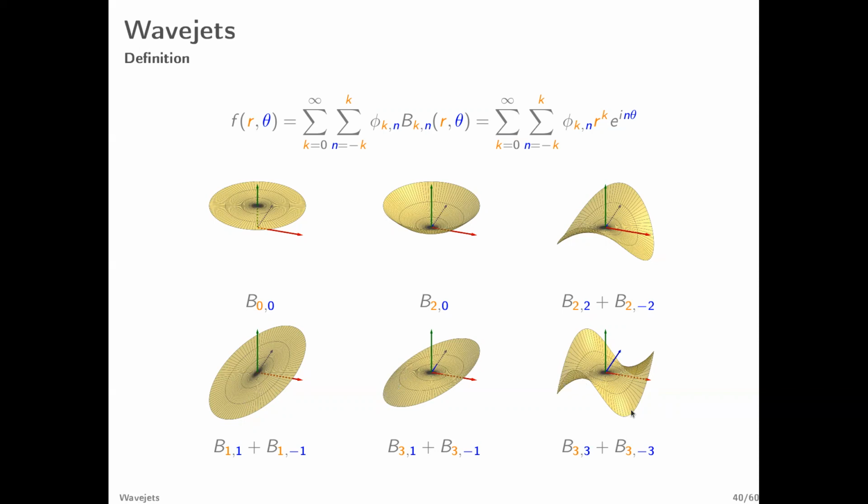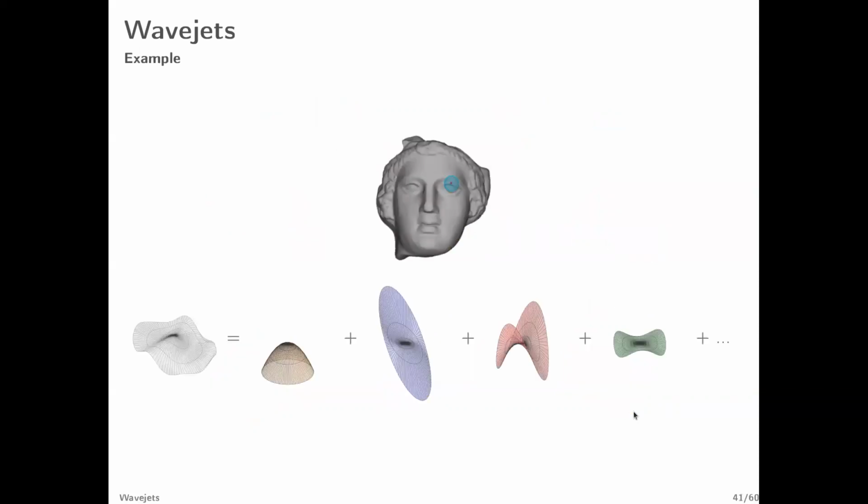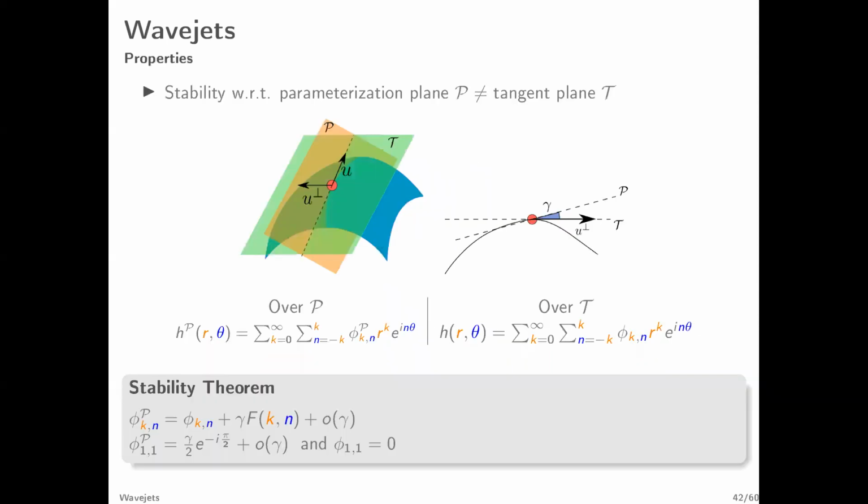These are shapes which are very famous for geometers, and that's something we like because we can relate them to important geometrical features. For example, here you have a point on this shape, and you can decompose it into these basis shapes, and of course they have weights which weight the different contributions. It's more theoretical work, but we can show a lot of nice properties.